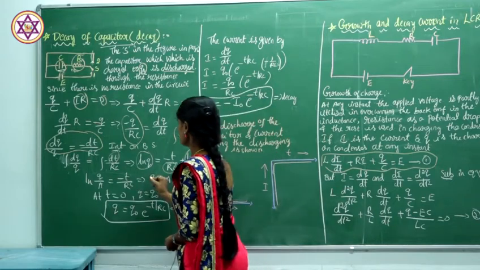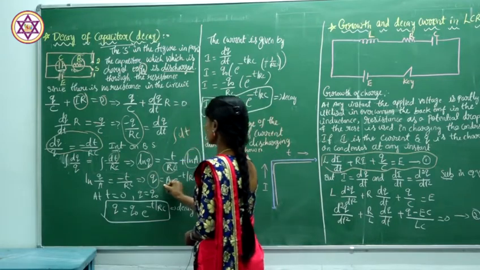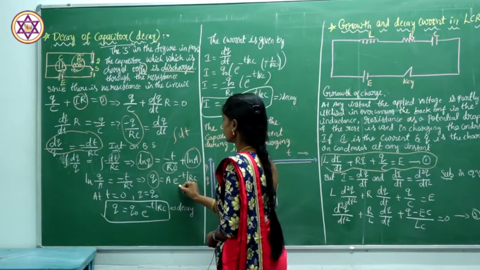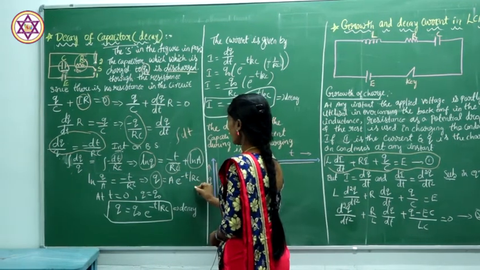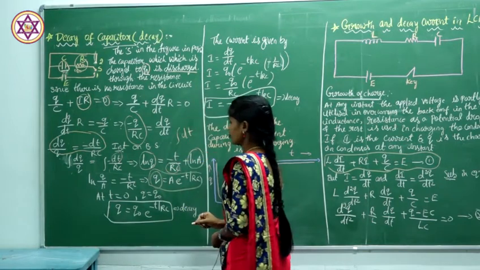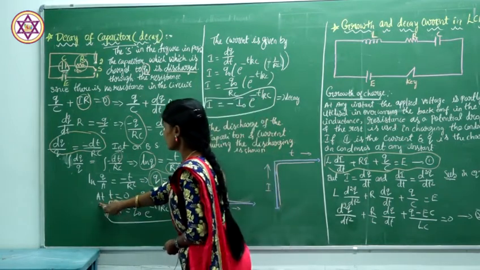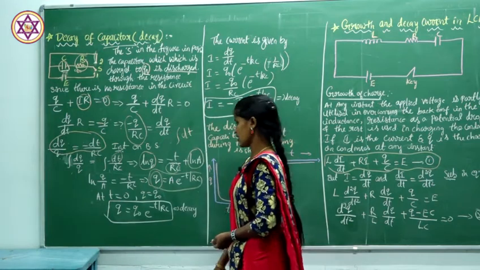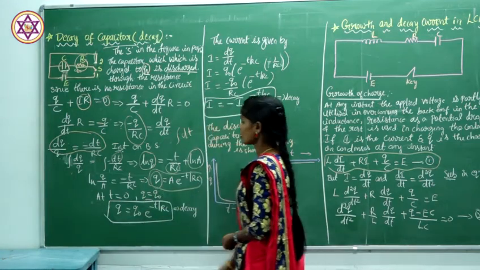So in this equation, Q is equal to A into e to the power of minus t by RC. This is the rearranged term for Q. Let us consider t is equal to 0 and Q is equal to Q naught.